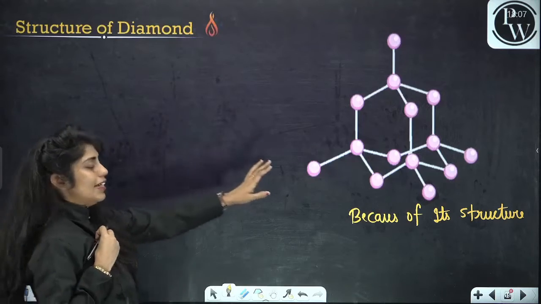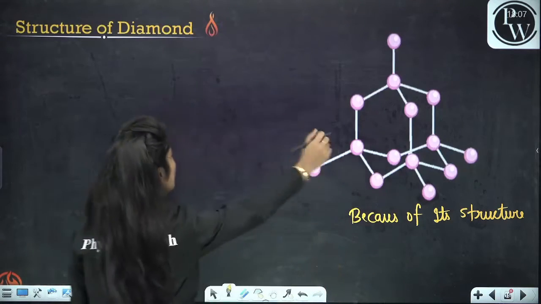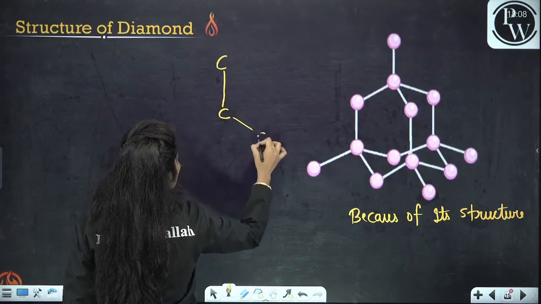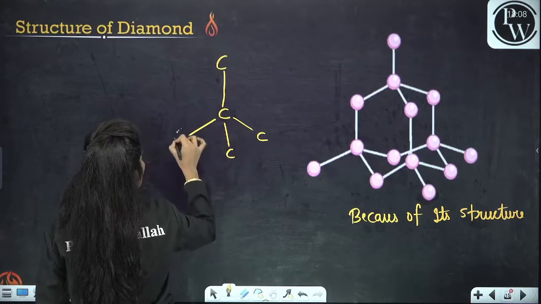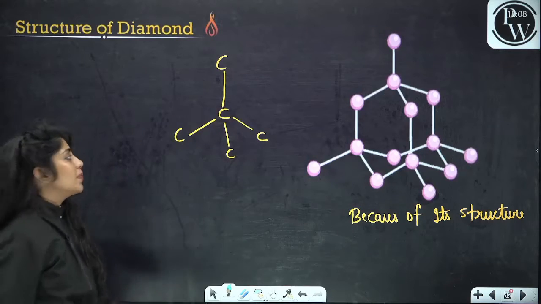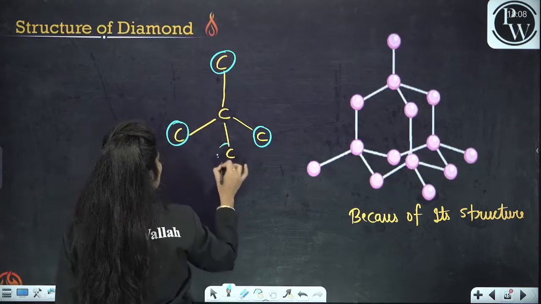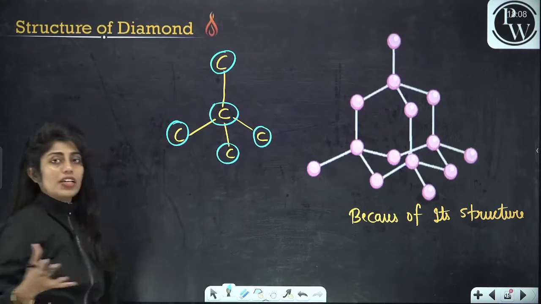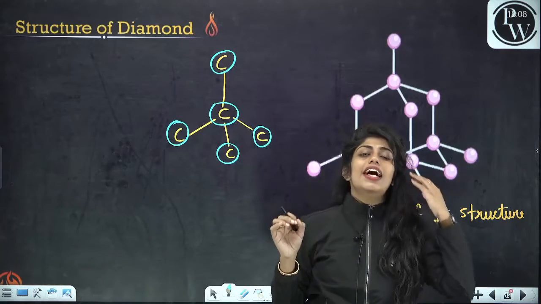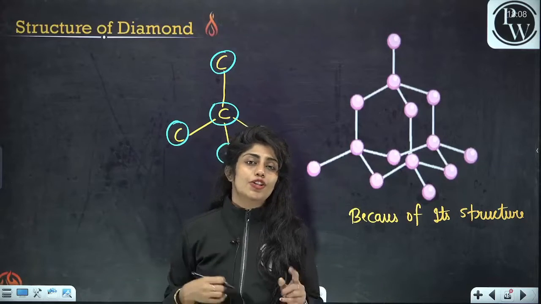You can clearly see here the cage-like structure of diamond. So how can we form it? Carbon is attached to further 4 carbons in a tetrahedron fashion in the case of diamond. We will not discuss the hybridization, because that's not important in class 10th. Right now we need to understand why diamond is a good conductor of heat and a bad conductor of electricity.